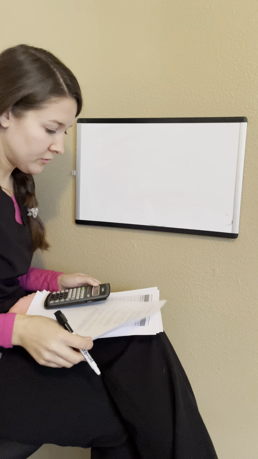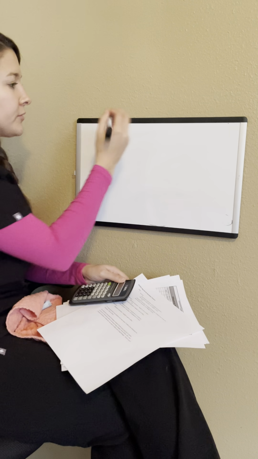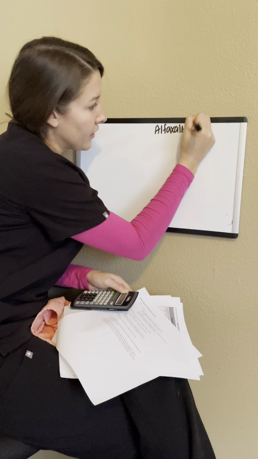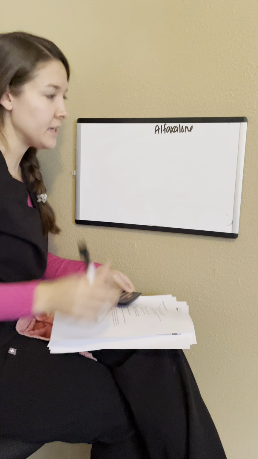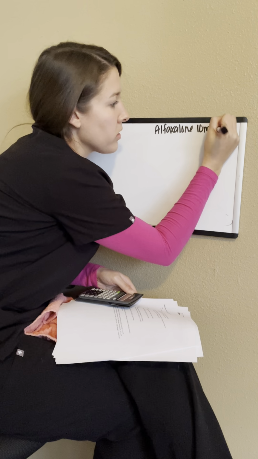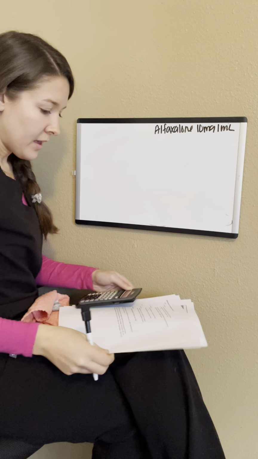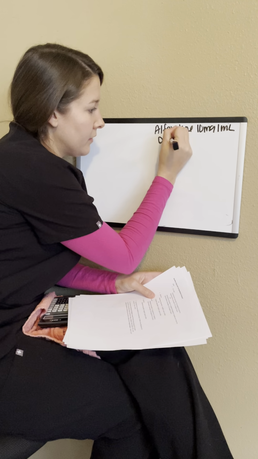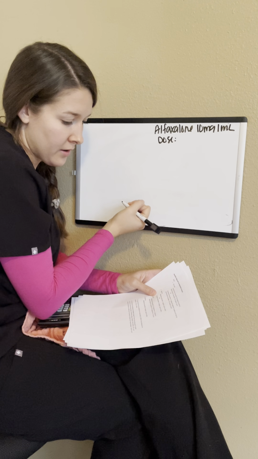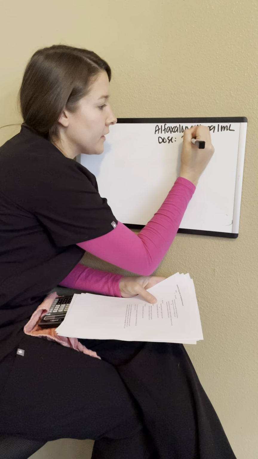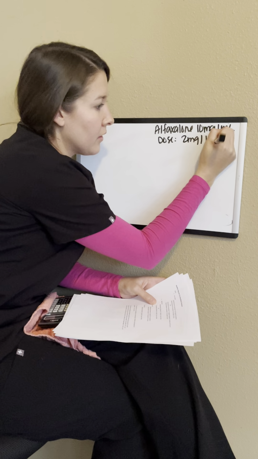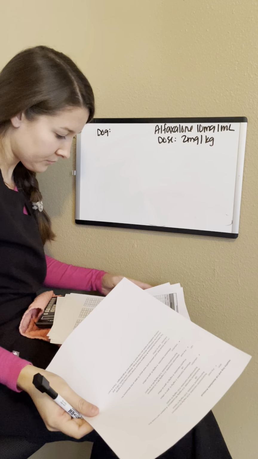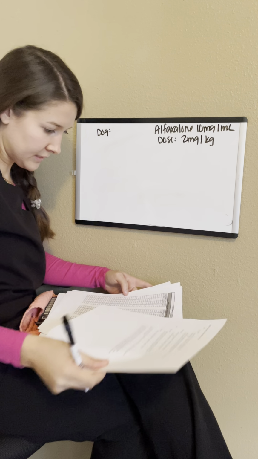Okay, so let's use alfaxalone. That's a really popular drug. And the concentration of this drug is 10 mg per mil. And let's say the doctor orders a dosage of 2 mg per kg. And our dog weighs, let's say 60 pounds.